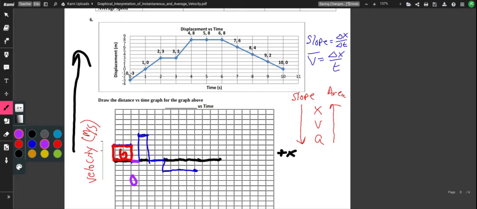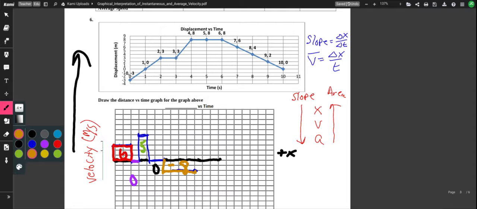In the next section, we have a box that's 1 wide and it's 5 high, so we have an area of 5 times 1 or 5. Again, we have 0 in the next section, and then in the last section here, we go down 2, we go over 1, 2, 3, 4, so we have an area of negative 8, and it's negative because it's below the x-axis. The area is 8 for that rectangle, but when it's below the x-axis, we make it negative.